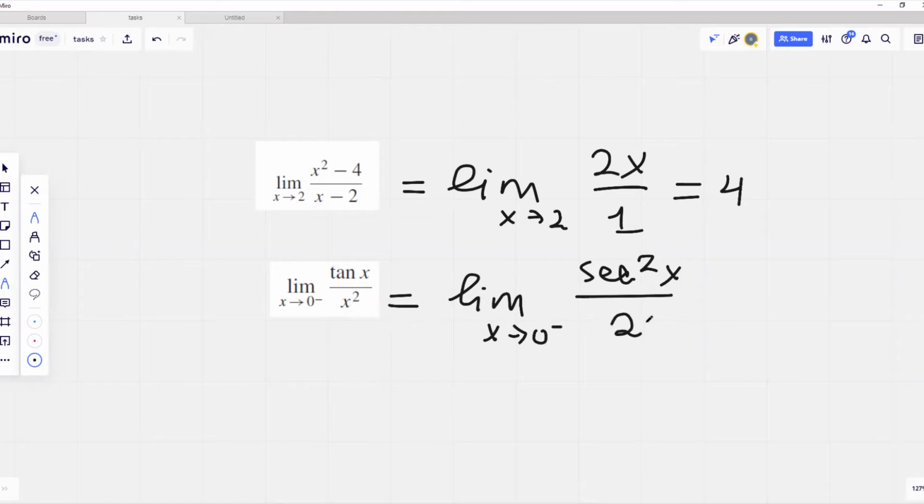The derivative in the denominator is 2x. When x is approaching 0 from the left side, secant squared of x is going to approach 1. The derivative in the denominator is going to approach minus 0, so this is a small negative value. Then that limit is equal to minus infinity.